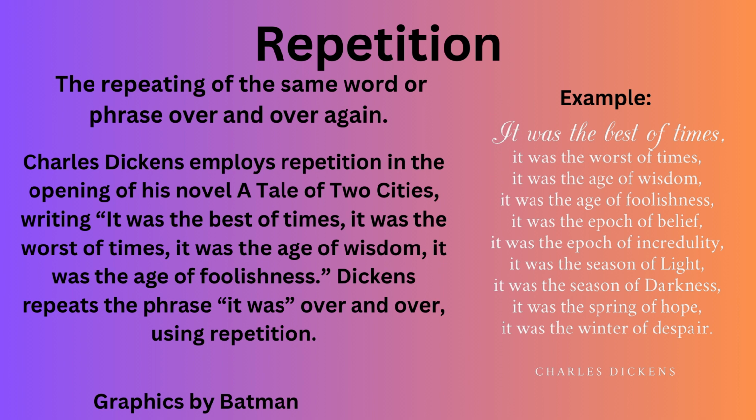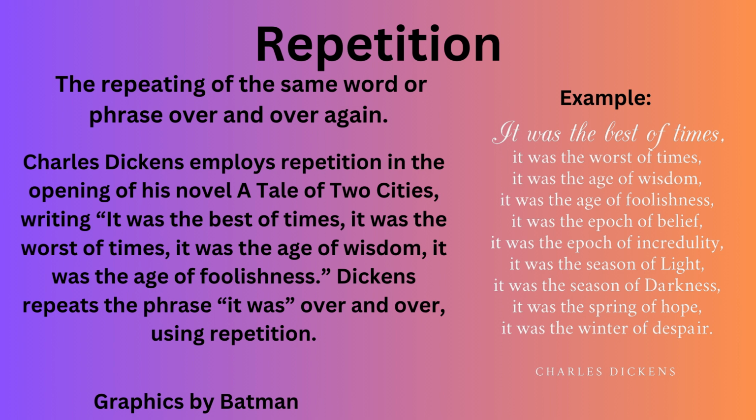Following oxymoron, we have repetition. The repeating of the same word or phrase over and over again. Charles Dickens employs repetition in the opening of his novel A Tale of Two Cities, writing, "It was the best of times, it was the worst of times, it was the age of wisdom, it was the age of foolishness." Here he repeats the phrase "it was" over and over. He actually continues.